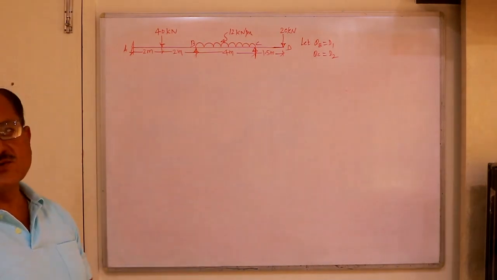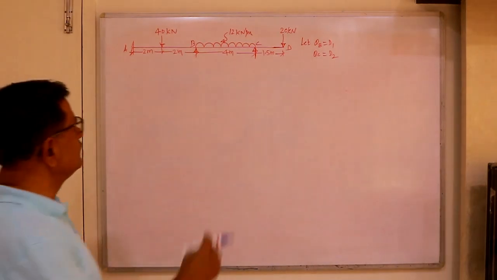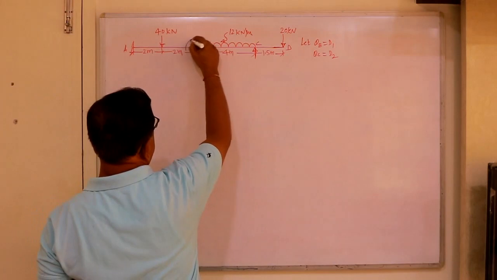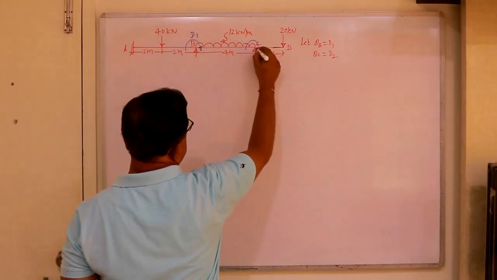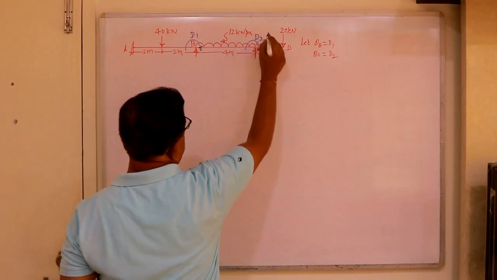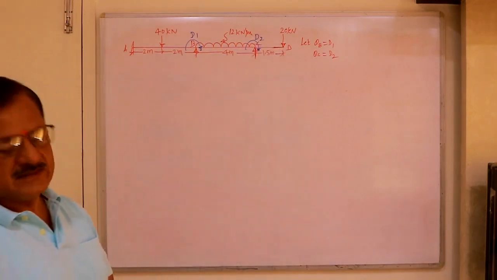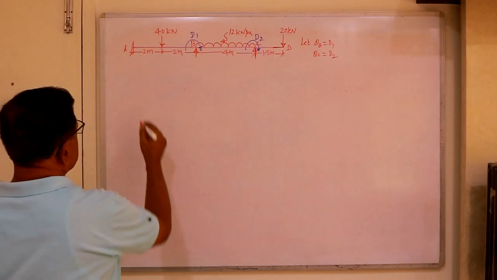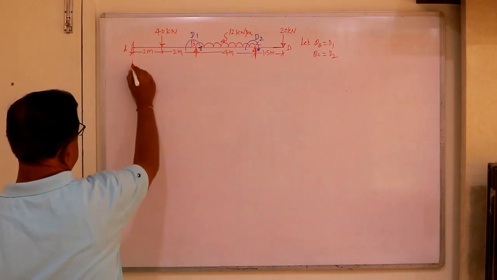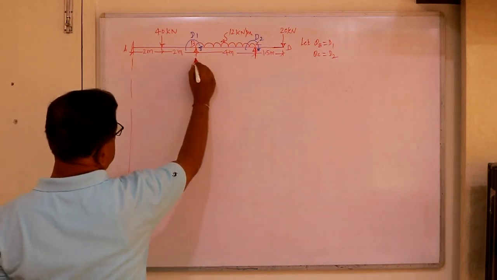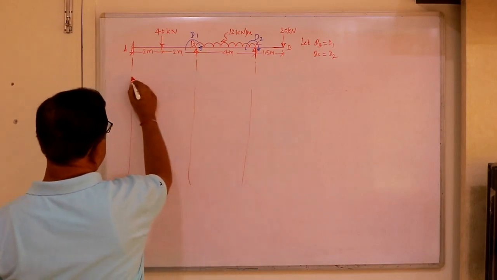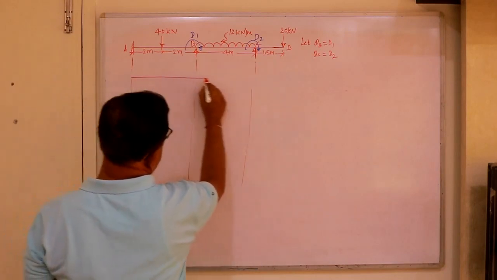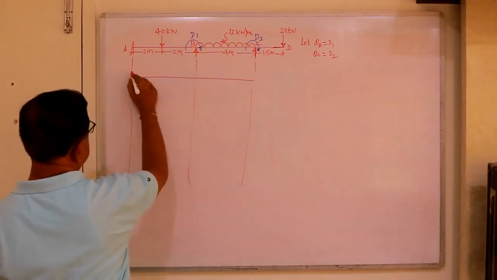Now assign the coordinates independently, or even in the same problem, if you assign the coordinate, say this is D1, say this is D2, that is also okay. No need to consider the beam separately. Now let's say equivalent beam. If there is an overhang, it's better to consider an equivalent beam.